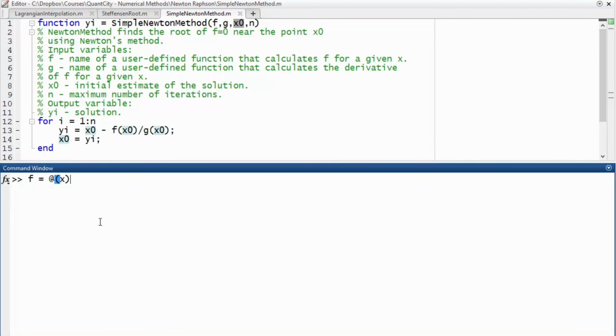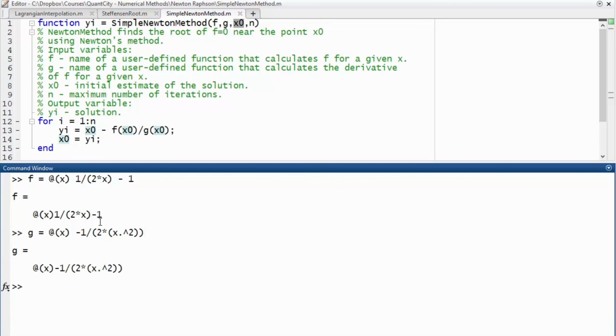First of all, we're going to have the function itself, and that's going to be 1 over 2 times x minus 1, just like we had in the example we just did. And we're also going to have g defined as a function of x, which is going to be that first derivative. So that was minus 1 divided by 2 times x squared, like so.